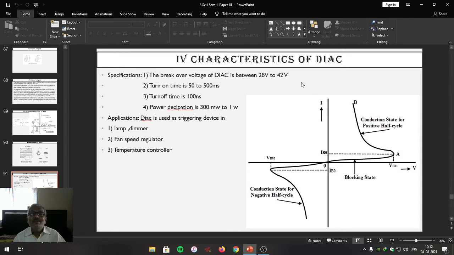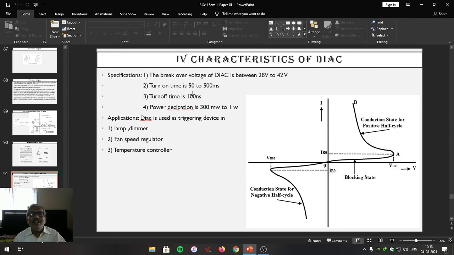Student friends, let me see some of the specifications associated with the diac. The breakover voltage of diac is between 28 volt to 42 volt. Means you can increase the externally applied voltage between 28 volt to 42 volt and make it conducting.